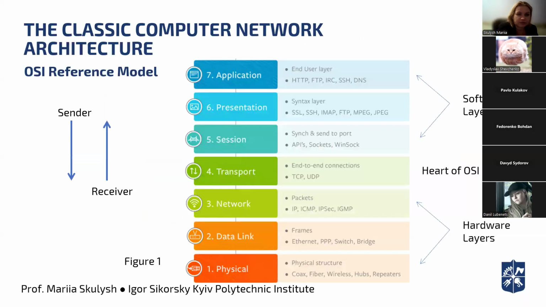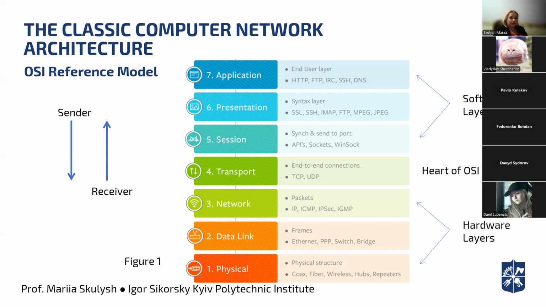Okay. Regarding how and why this division was done: as I told, software-defined networks propose to divide the data transmission layer and the control layer.